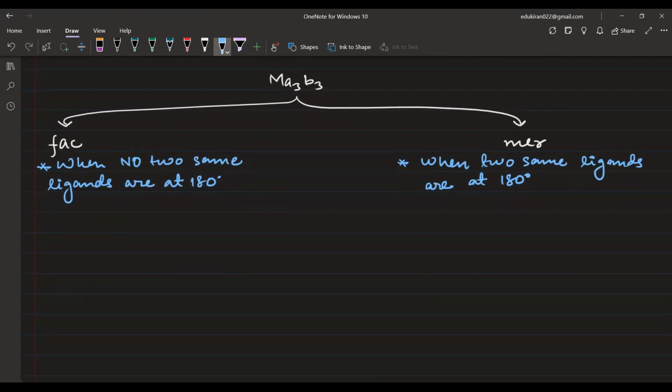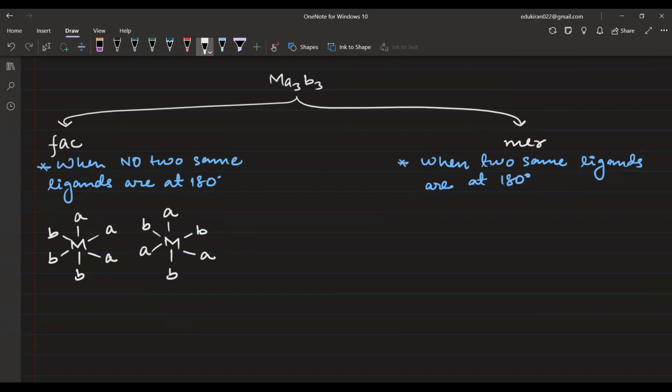So for FAC isomer, see this case, M, you can have A, A, B, B, and B. Now, you cannot see it right now, but I will show you later on. This structure and this structure is same. Maybe you cannot see it right now, but both of these structures are same, and both of these are the same FAC isomer.